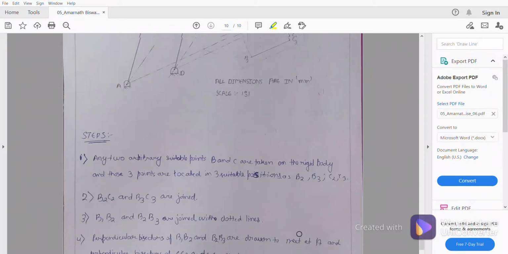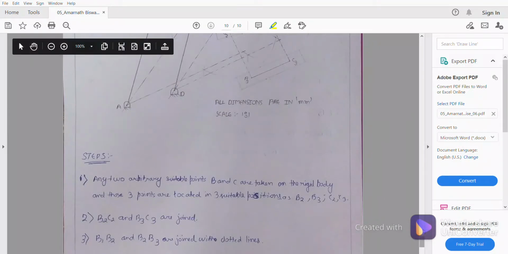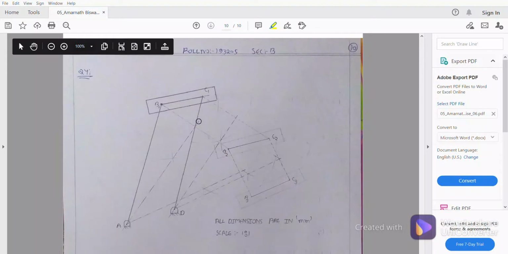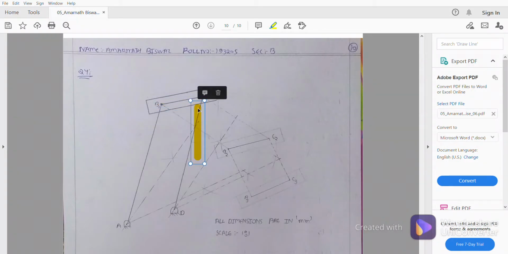Oh sorry, I told you it's 3 mm, but no, it's not 3 mm. This is 3 centimeters, and converted it is 30 mm.